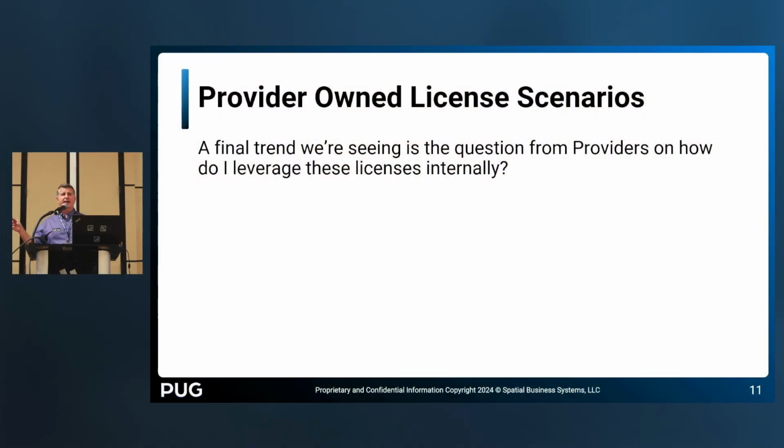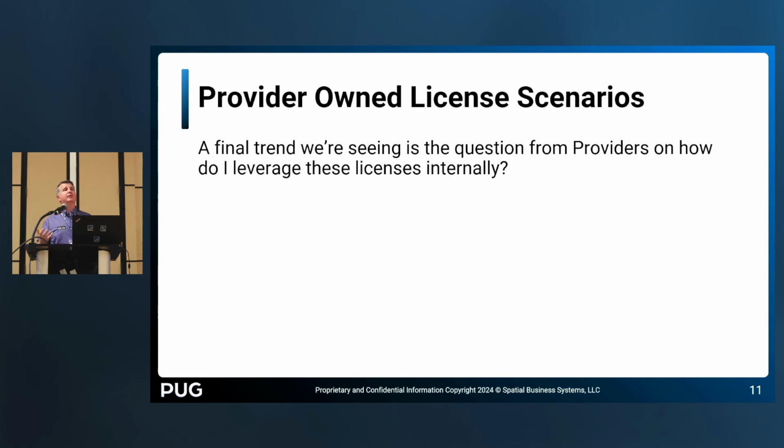Okay. One last side of this. This is another aspect we've been exploring a lot lately because we are getting a lot of questions. As the trend moves towards providers owning their own license, providers are very cost-efficient, process-efficient kind of people. And we've been asked a lot, how do we use this? We have these licenses and we have to have them because we're supporting X, Y, or Z. But we have the licenses.